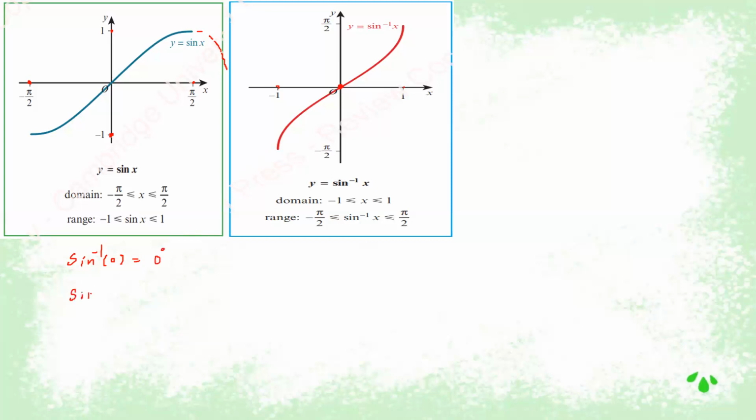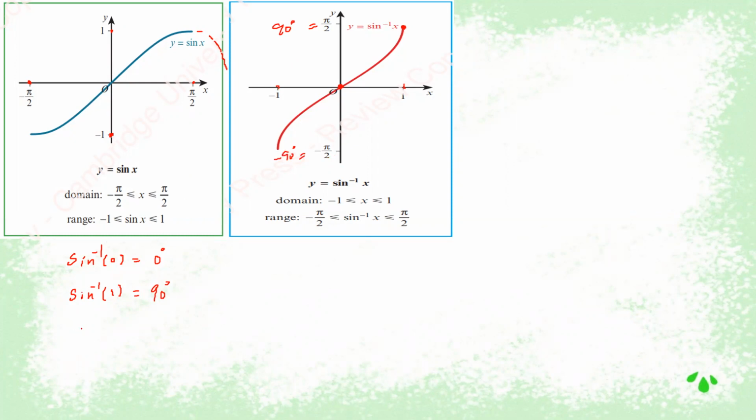And if you think about sine inverse 1, go straight up, it gives me 90 degrees. Remember that pi over 2 means 90 degrees. And this is negative 90 degrees.